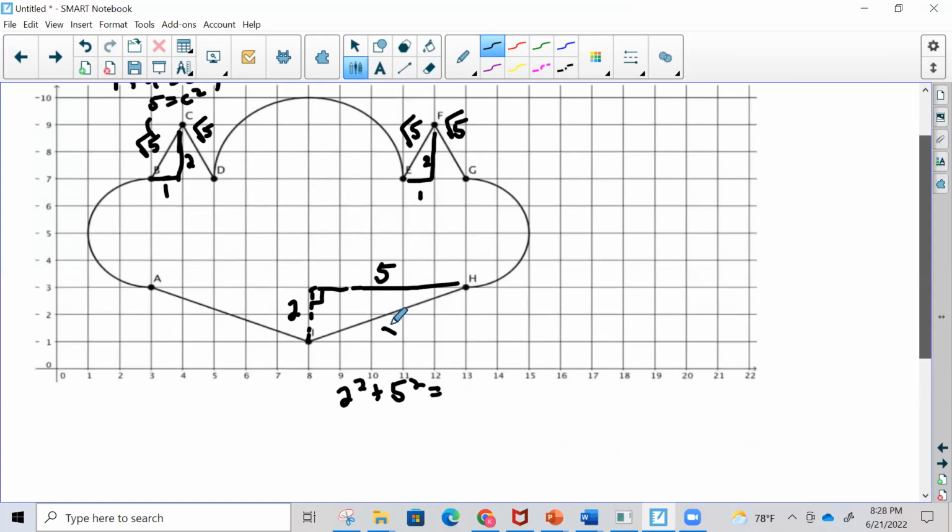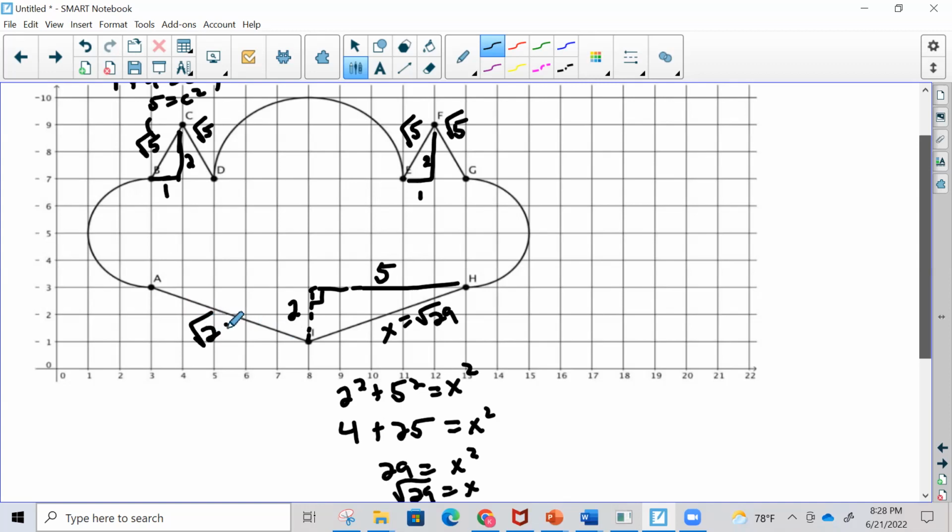I'm just going to call it X for something different so that we know that it's not the same value as our C here. So we get 4 plus 25 equals X squared. That's 29 equals X squared. And then we have the square root of 29. And so then A to I is also the square root of 29 because it's also 5 and 2.